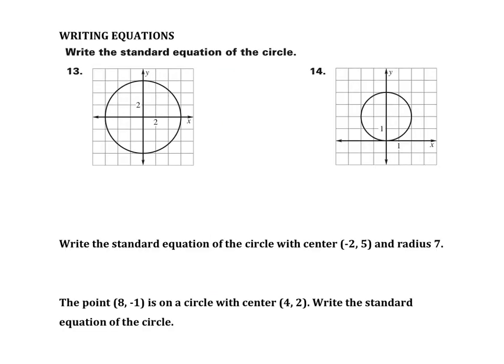So let's write the standard equation of the circle. The first step we're going to do is to find the center, and the center in this particular problem is at the origin. And then we need to find the radius. To find the radius, you just count your spaces, and they're counting by 2, so the radius would be 2, 4, 6.